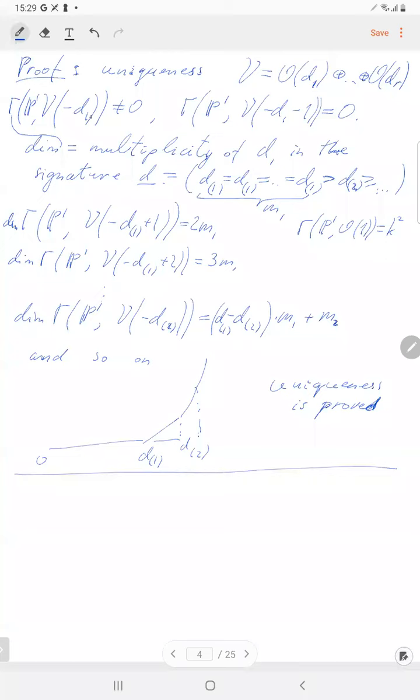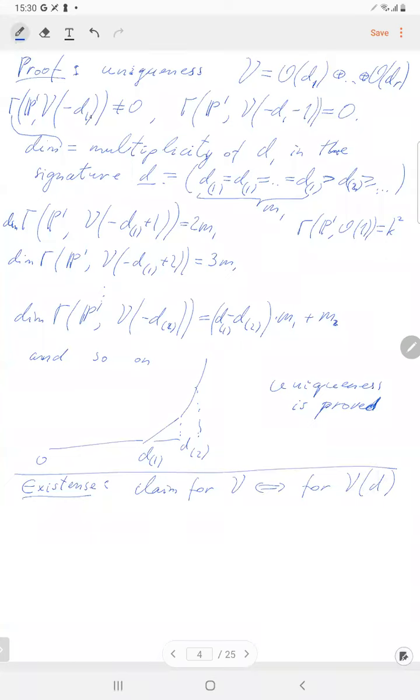Okay, so let's prove existence. We are free to twist our vector bundles, so our claim for V is equivalent to the claim for V twisted by D, and we choose this twist just for convenience.